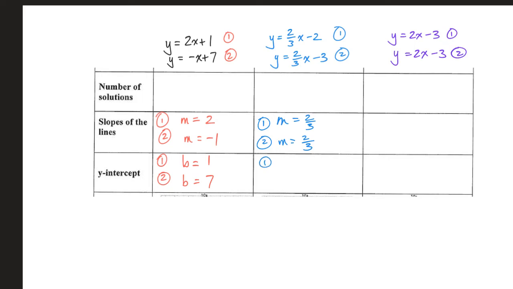The y-intercept of equation 1 was -2, and the y-intercept of equation 2 was -3. We then have for equation 1 a slope of 2, equation 2 a slope of 2, a y-intercept of -3, and a y-intercept of -3.